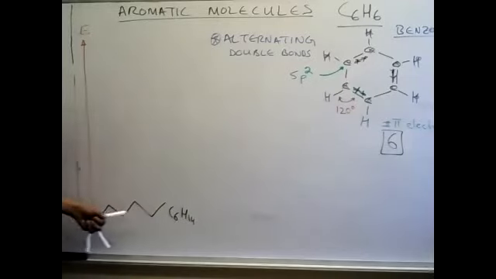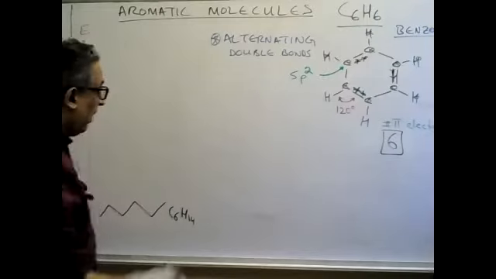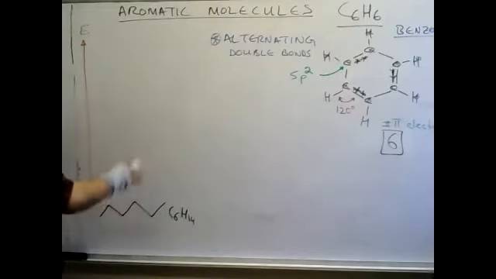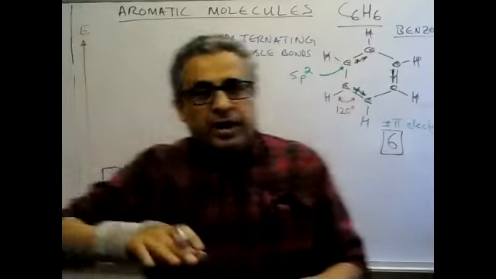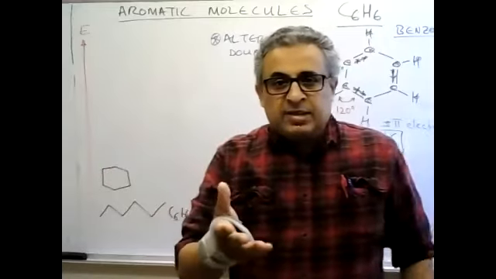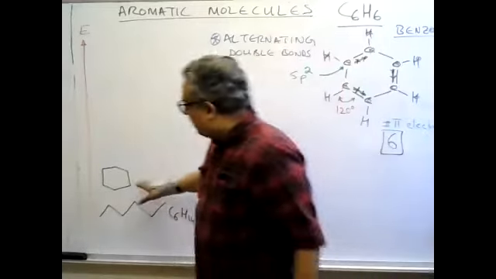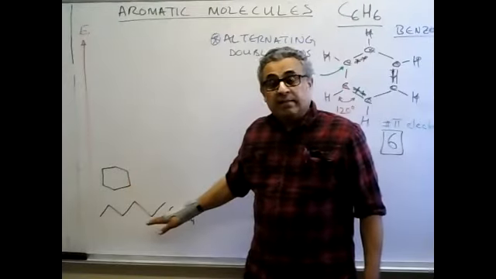Okay. Since we are dealing with cyclic molecules, I'm going to draw the cyclic version of hexane. The reason I drew the cyclohexane slightly above hexane is that it implies cyclohexane is a little less stable than hexane.